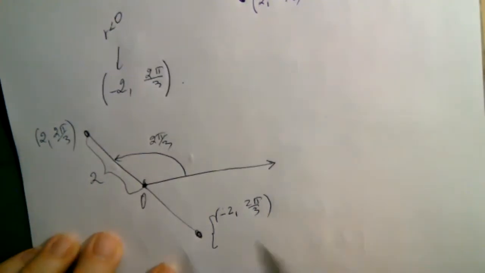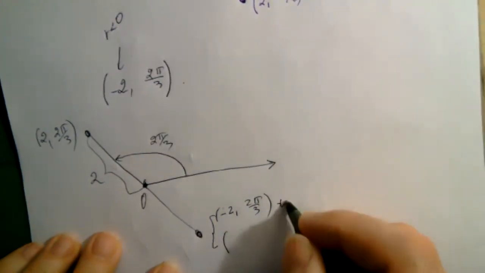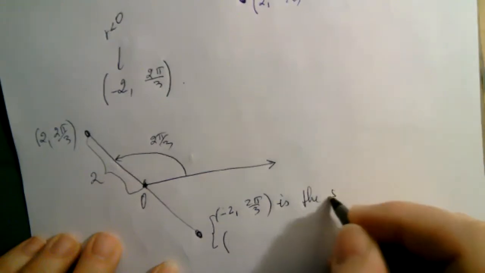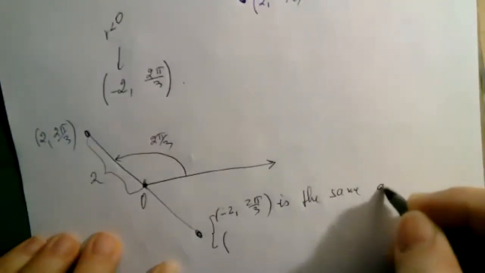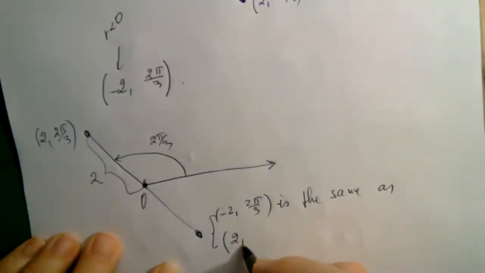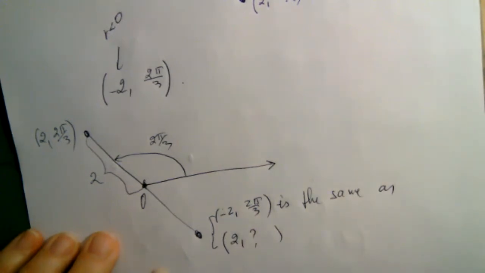So now, this point is the same as, I'm going to go back to the idea, the point 2, and again, what is this angle? So there are different representations of a point in polar coordinates. One is minus 2, 2 pi over 3, and the second one is 2 and what?